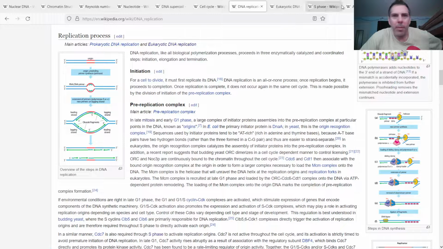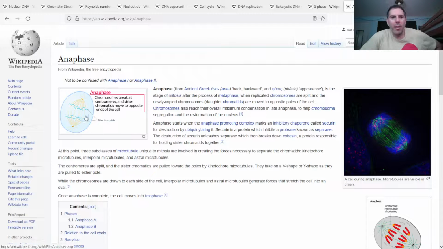At the end of the process, they've been duplicated, and the cell separates the chromosomes, and you end up with 2 copies of the information, or in meiosis, you've made 4 copies of the original diploid information.